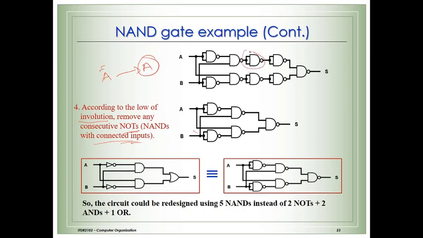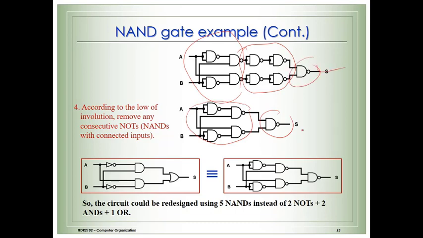You see this one as well as this one. This is one NOT and this is another NOT. So we can go and remove them. We can eliminate them. If we eliminate them, our circuit is left with this much and this NAND gate. So here we see the circuit.